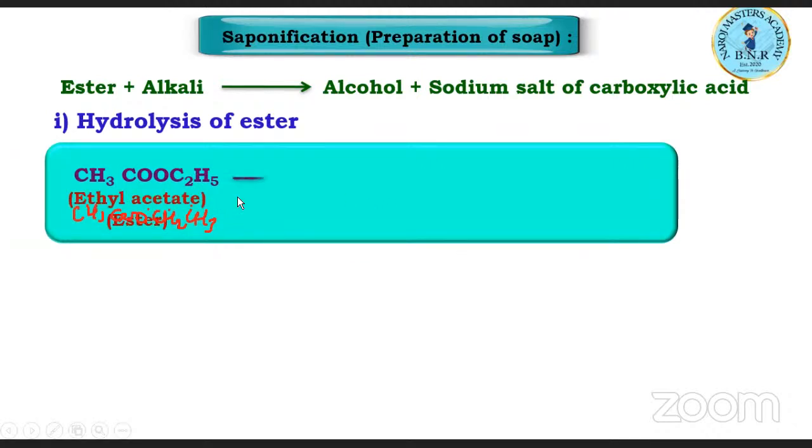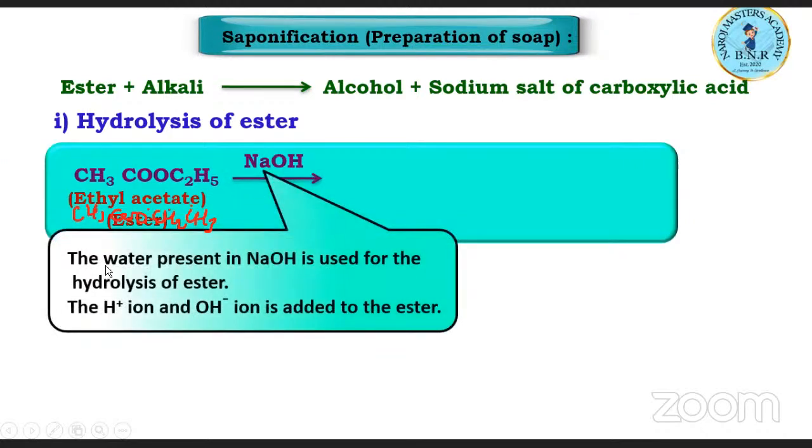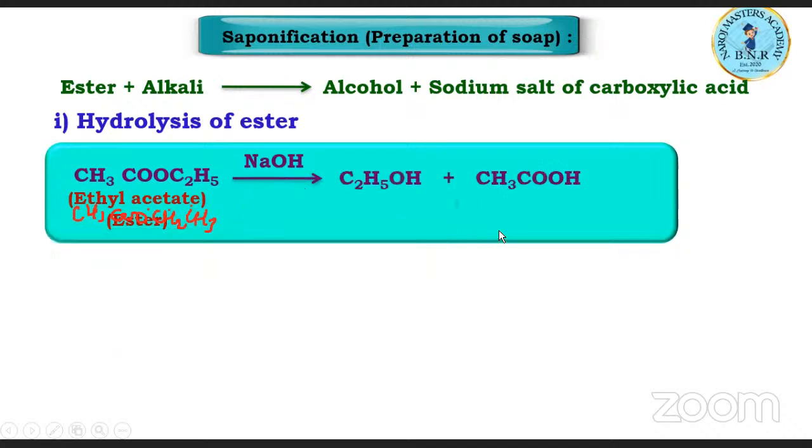Ethyl acetate, that is the ester, in the presence of NaOH. The water present in the NaOH solution is used for the hydrolysis of ester. Then the H+ ions and OH- ions are added to the ester. It gives ethanol plus sodium acetate.